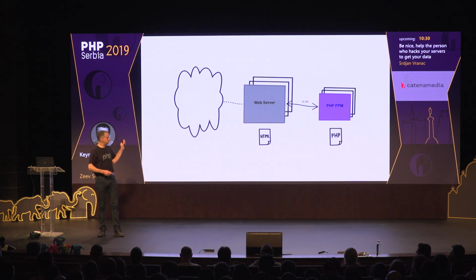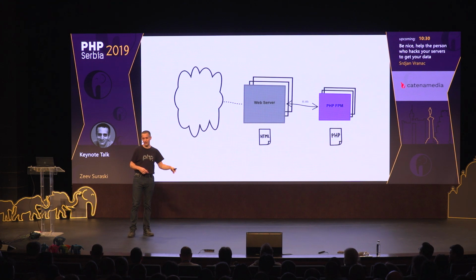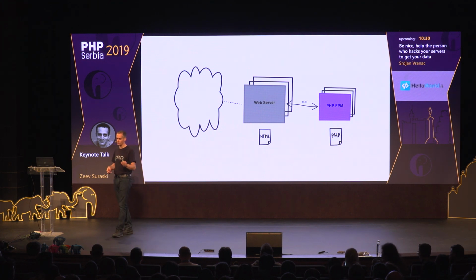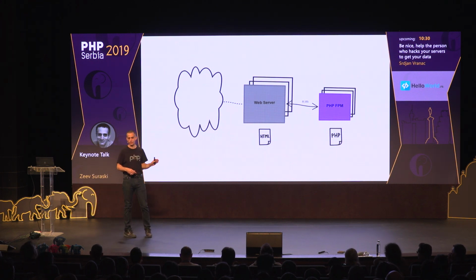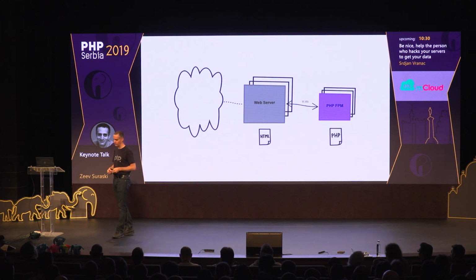So in practice, sometimes people think that the fact that it's external would slow things down. In practice, Unix and all modern operating systems deal with inter-process communications very efficiently, so it's actually not slower than having PHP as a built-in part of the web server.